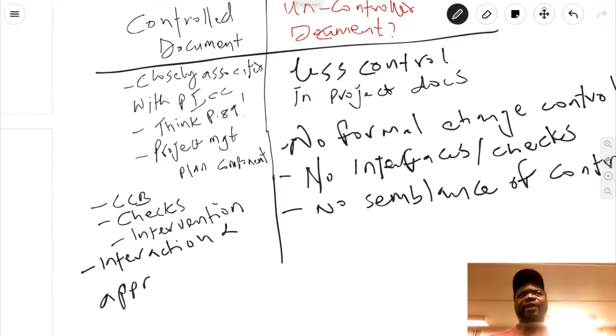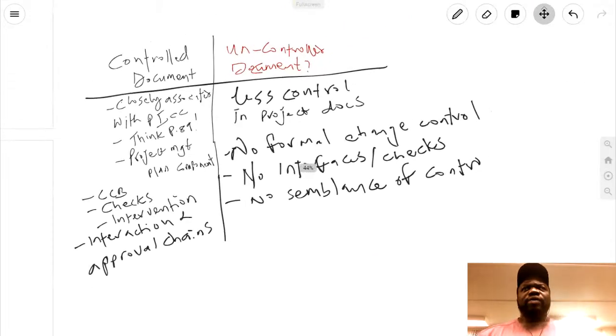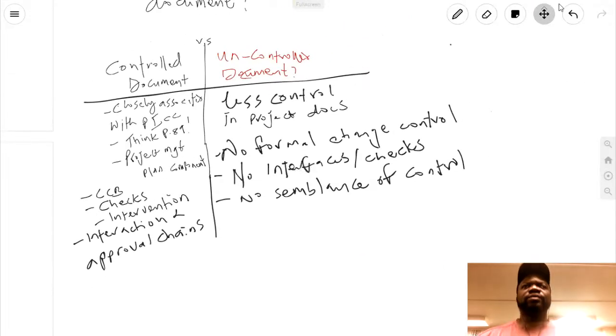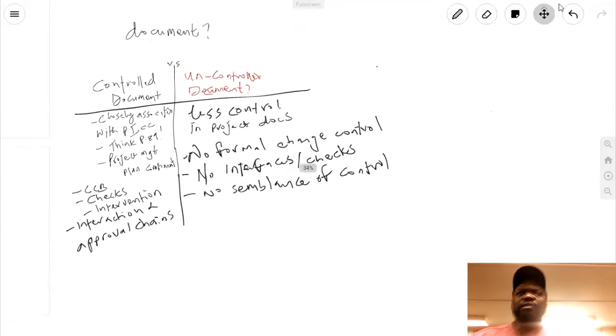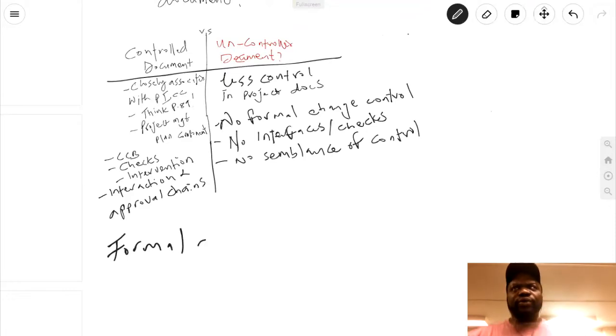Bear in mind that in government space and various organizations, they may have their definition of control, okay? But in the world of the PMI, looking at the PMP guide, looking at page 89, looking at perform integrated change control as a process, it's really the formal process of approval before any updates or changes are made.